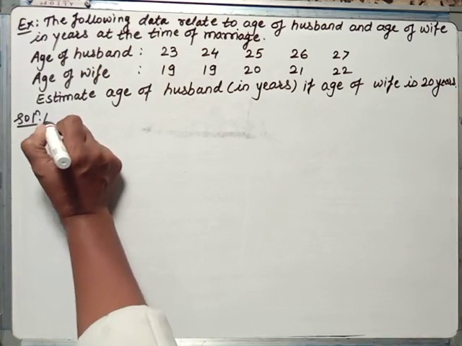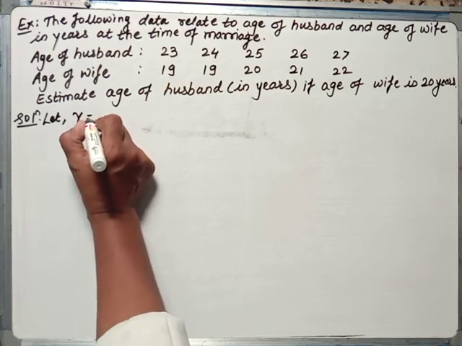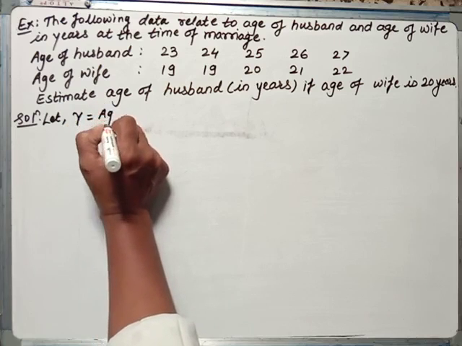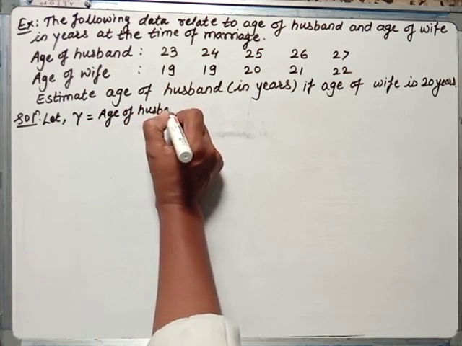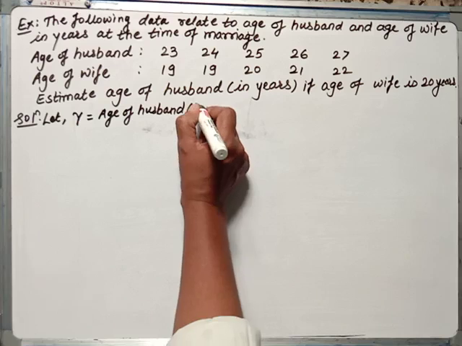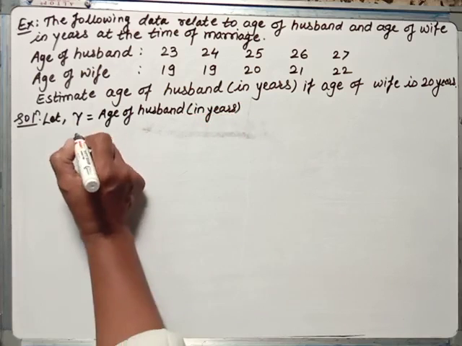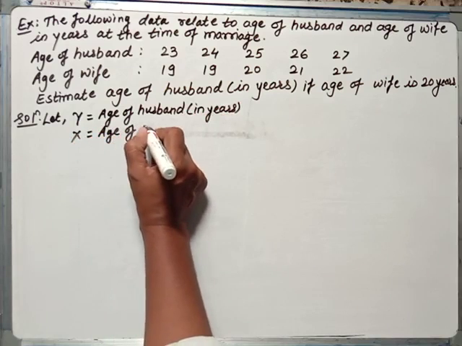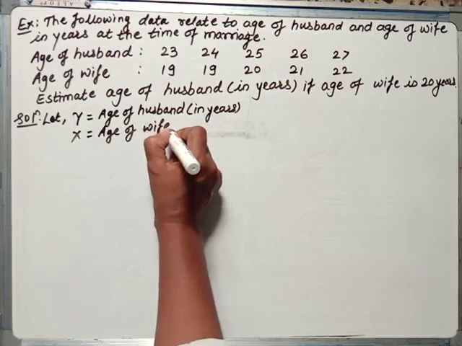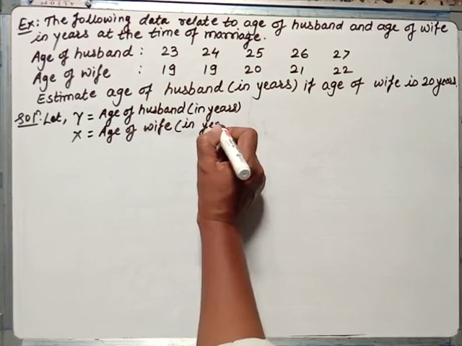Now first of all, let me assume y is the age of husband, obviously in years, and x is the age of wife. Why I have assumed it as such also has a reason.